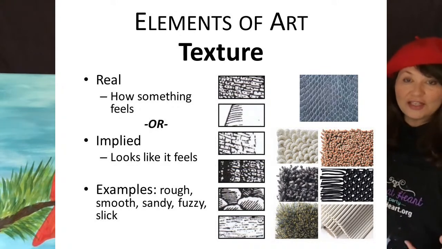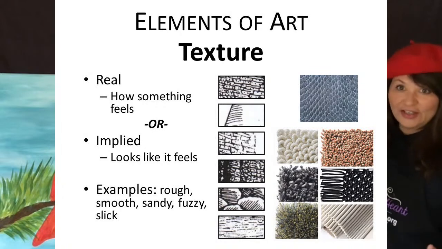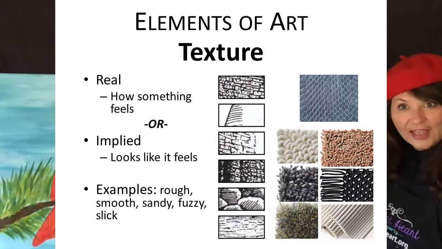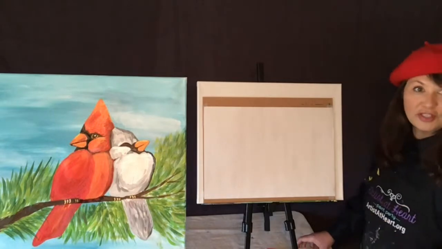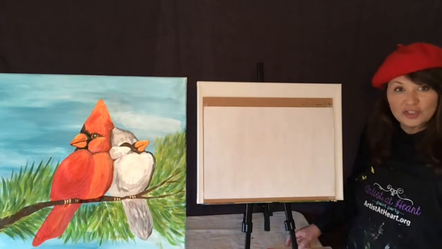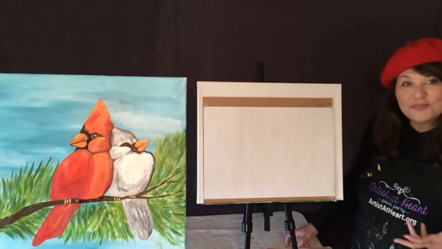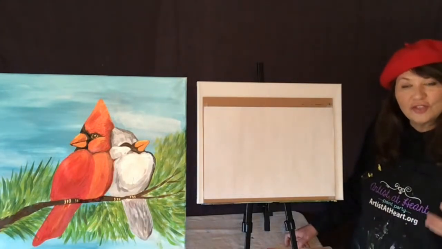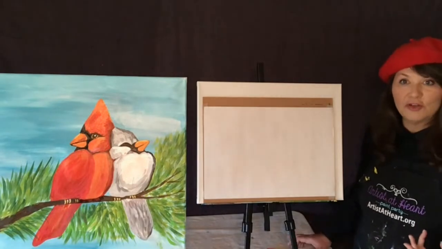So you create it so that it looks like it has texture. Some examples: rough, smooth, sandy, fuzzy, slick. Today we're going to create texture with our birds. We want our birds to look feathery or fluffy, especially my little grayish tan looking girl. It's really a girl. You want to create the illusion of texture with how you're going to paint your lines. So that's what we're going to focus on today.